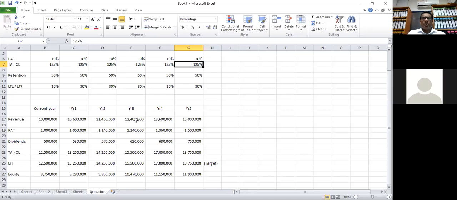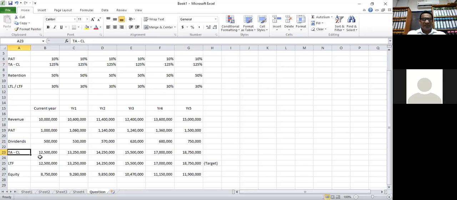These are not ad hoc figures. These are all based on the assumptions, or what we need to assume when we do this question, based on the question itself. Revenue PAT is 10%, continuous across. Dividends are 50% of the profits. Total assets minus current liabilities is 125% of revenue.